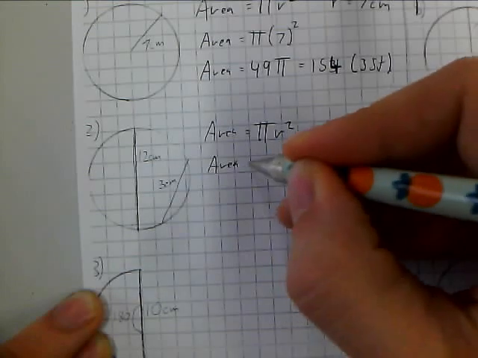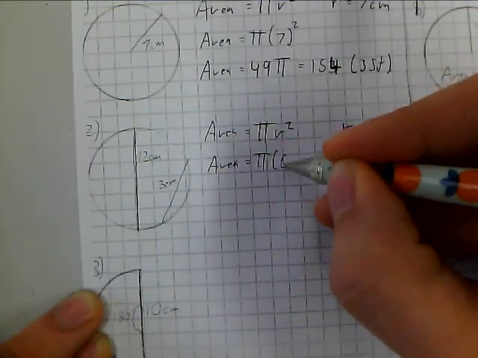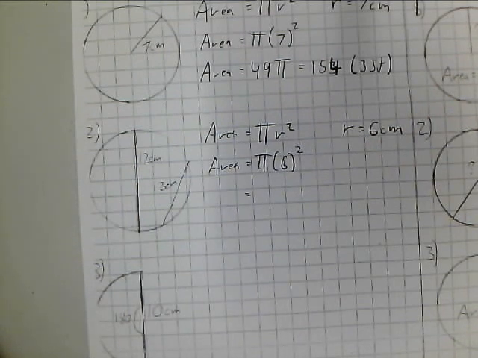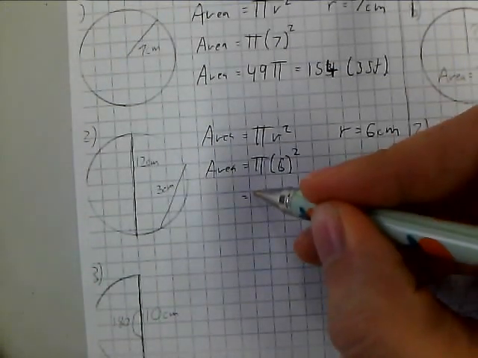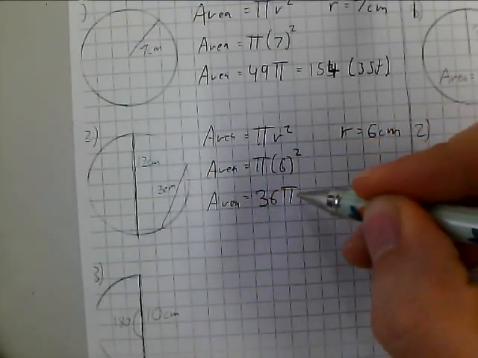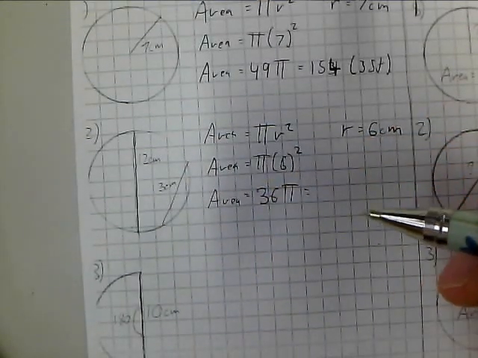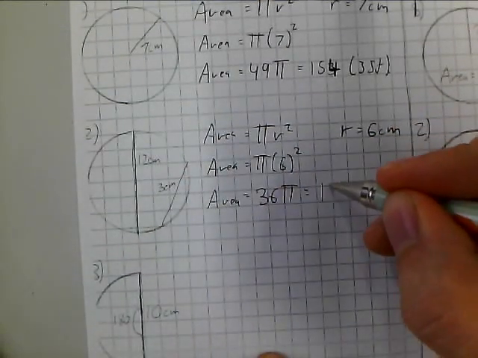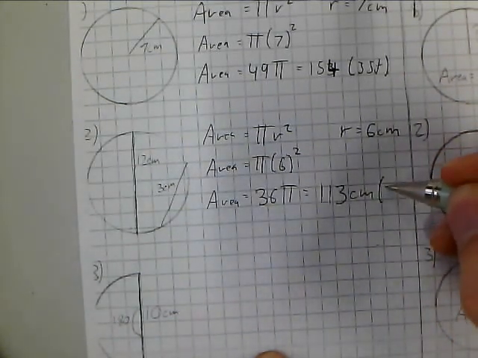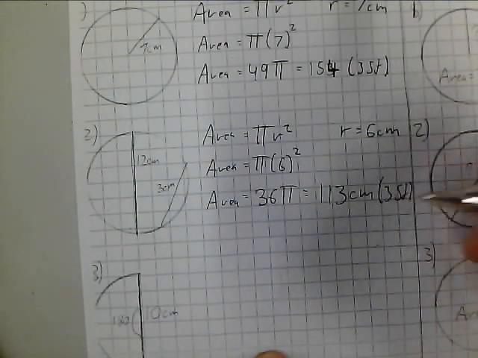So area is equal to pi bracket 6 close bracket squared. If you put that into your calculator, so pi times 6 squared, we're going to get 36 pi, and this is equal to 113 centimeters squared. Once again, to 3 significant figures.